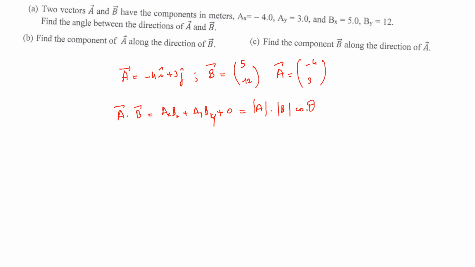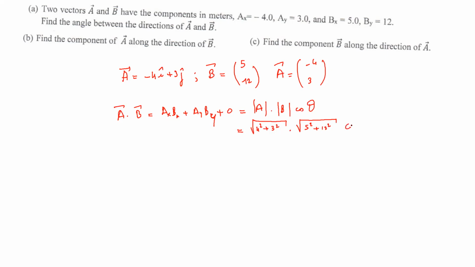The cosine of the angle between A and B. So what is the magnitude of A? Well, easy. It's just the square root of 4 squared plus 3 squared, basically 5. What is the magnitude of B? Well, easy. It will be the square root of 5 squared plus 12 squared.